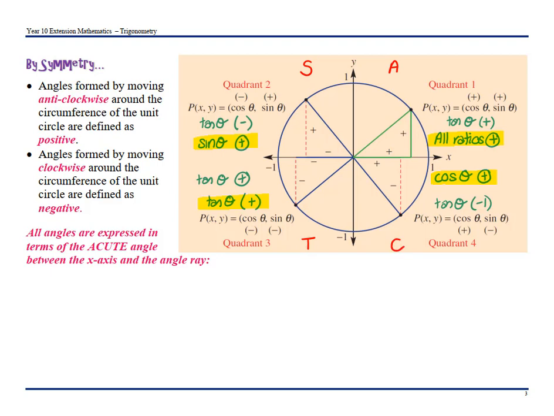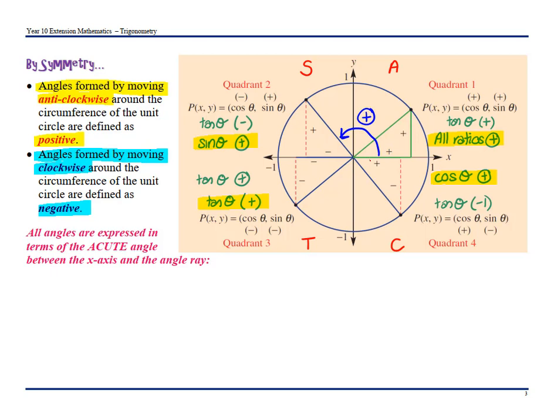Another thing to note, angles formed by moving anti-clockwise around the circumference of the circle are going to be positive. So if we're going in this direction, we're dealing with positive angles. Angles formed by moving clockwise are going to be negative.